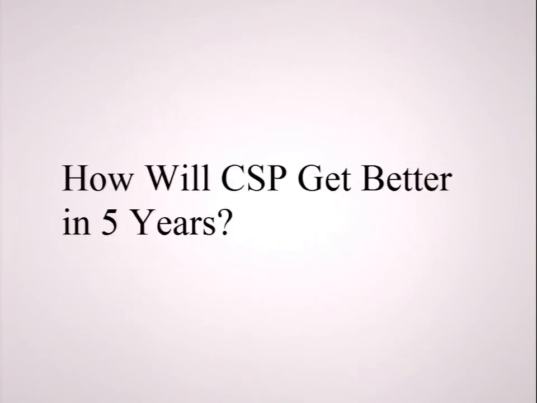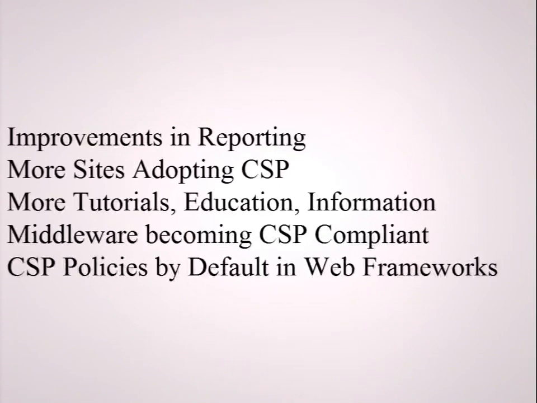All right, so right now, it's still a fairly new technology. It's not being used on lots of sites. We would like it to be used on lots of sites, but it's not there yet. So what is going to happen over the next few years? Improvements in reporting. You get useful information from these reports right now.